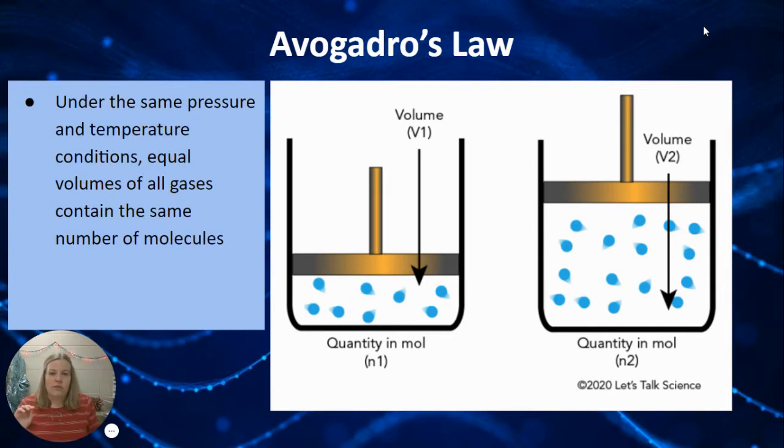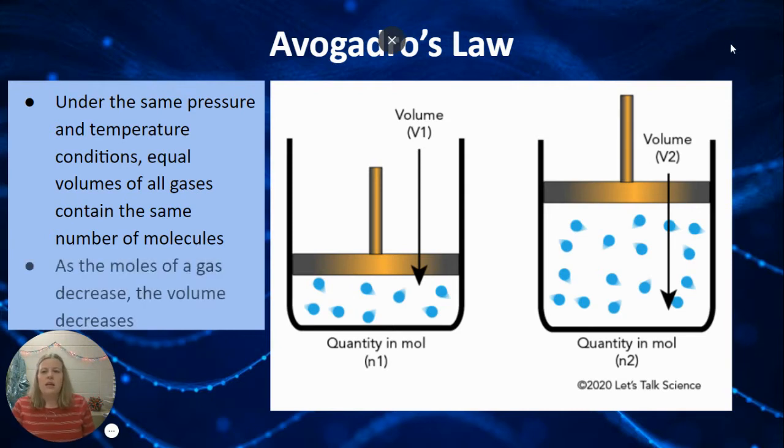What he also theorized at the same time was that under the same pressure and temperature conditions, if I have two gases at the same pressure and the same temperature, with equal volumes of those gases, they are going to contain the same number of molecules as well. So if gases are at the same temperature and pressure and volume, I'm going to have the same amount of gas in each of those containers, which makes sense.